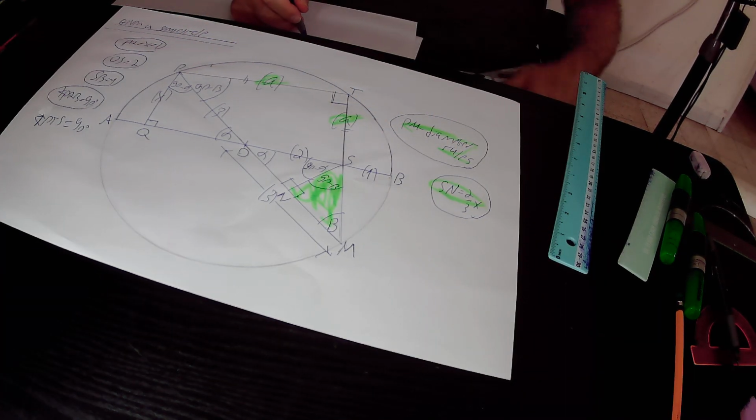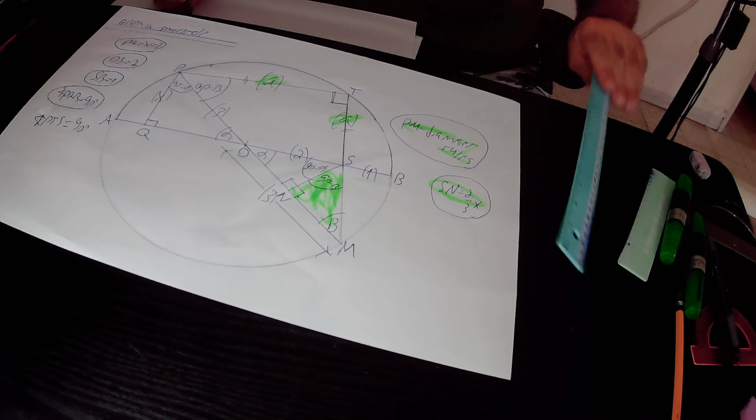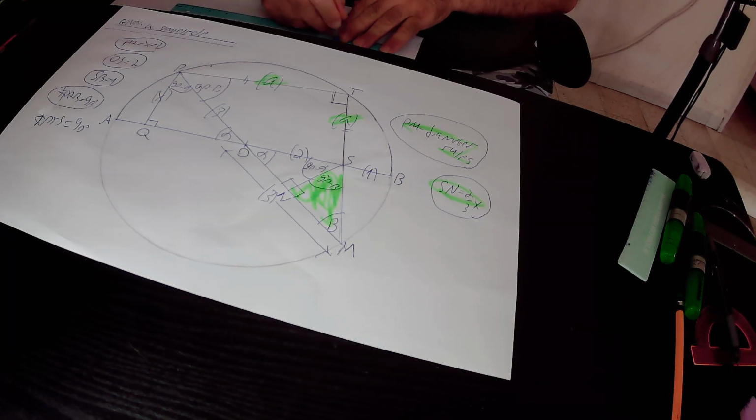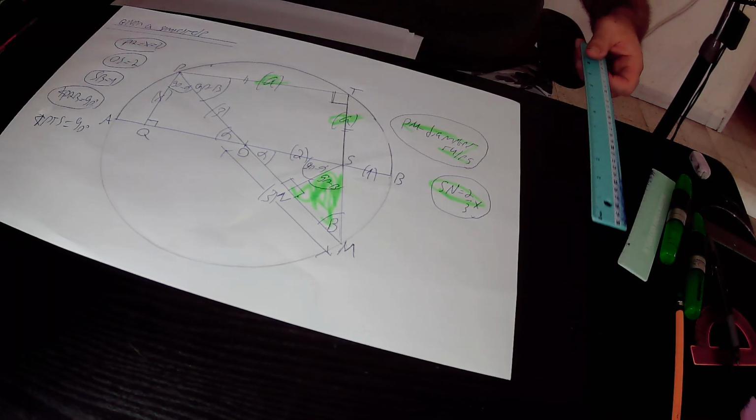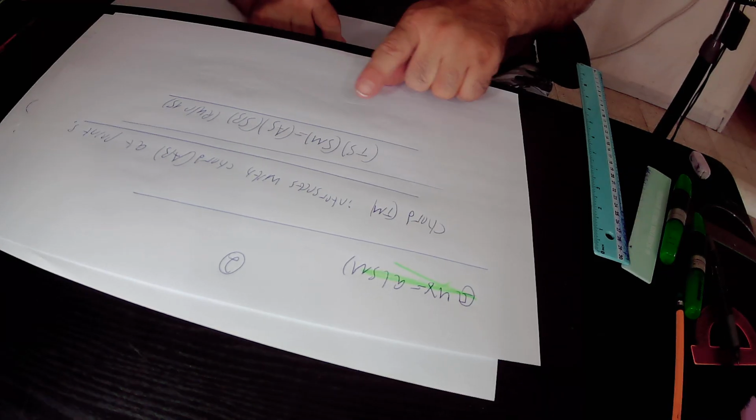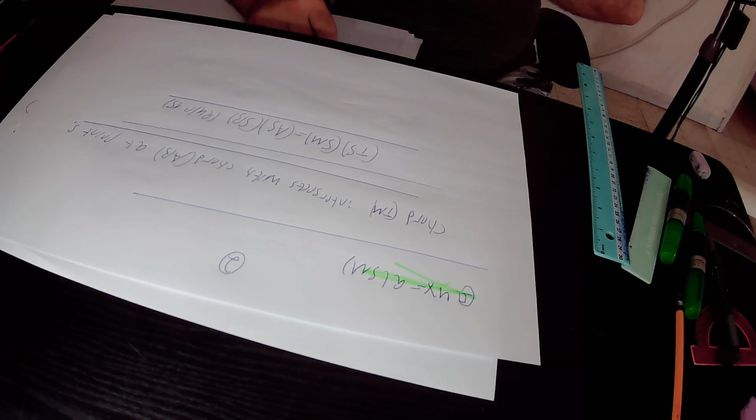So as you know, TS times SM equals AS times SB. Okay, again, according to all 15, the following equation is true, that TS times SM equals AS times SB.